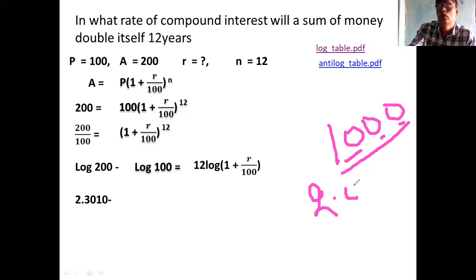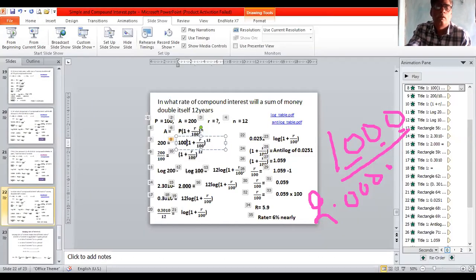Characteristic is 2. There are 4 zeros in the first number. You go to the logarithm table and see it. In the logarithm table, you see here, 10 is the number. For the number 10, 0 column, 4 zeros are here.